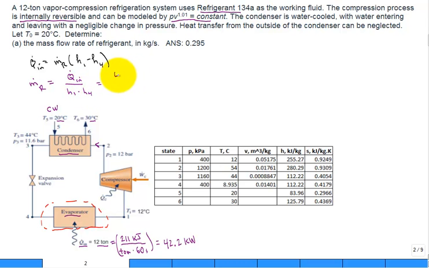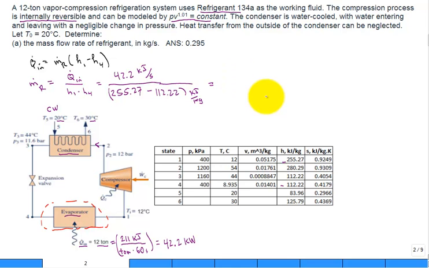So we have 42.2 kilojoules per second. That's kilowatts. Our H1 right down here, 255.27 minus our H4, 112.22 units of kilojoules per kilogram.